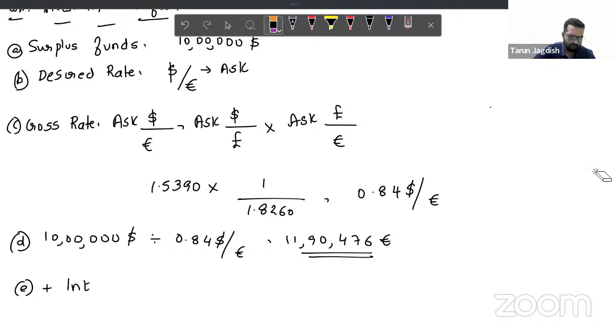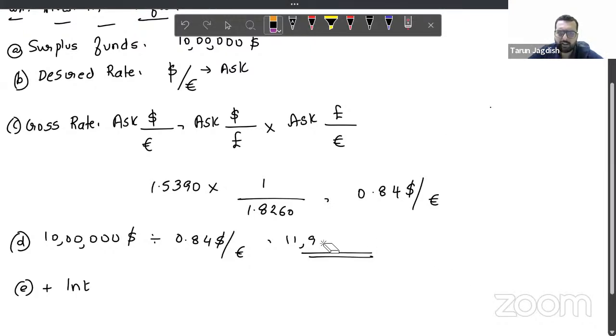Let me try doing without rounding off, friends, for my satisfaction. $11,86,484. Correct. All right. So I'll take the correct number over here. It is 11,86,484.